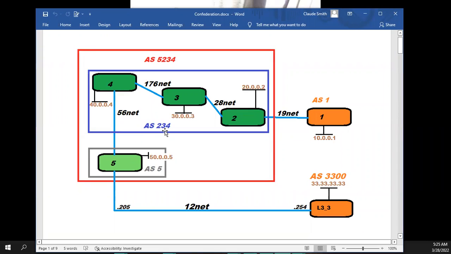Now you also have autonomous system 234, which is comprised of IBGP speakers, routers 2, 3, and 4. Clearly two different autonomous systems, autonomous system 5 and autonomous system 234, but together these two sub-autonomous systems make up the Confederation Autonomous System 5234.